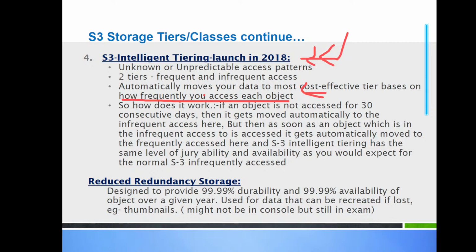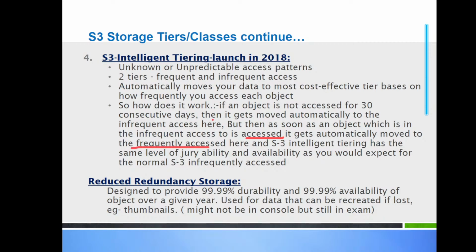How does it work? If an object is not accessed for a period of 30 consecutive days, then it gets moved automatically to infrequent access. But as soon as the object in infrequent access is accessed, it will move back to frequent access or standard.